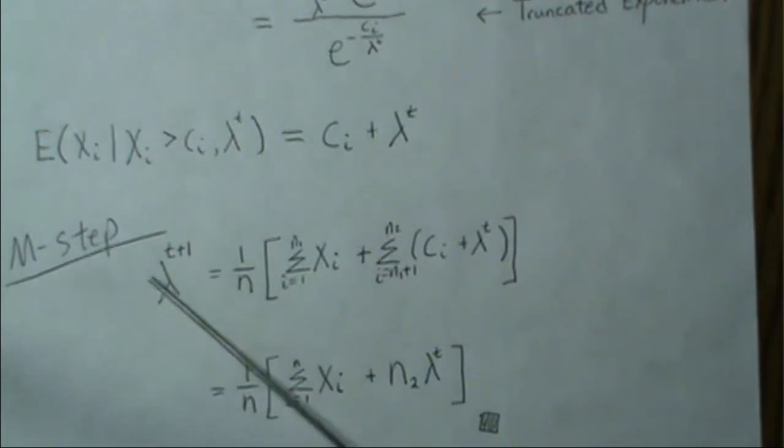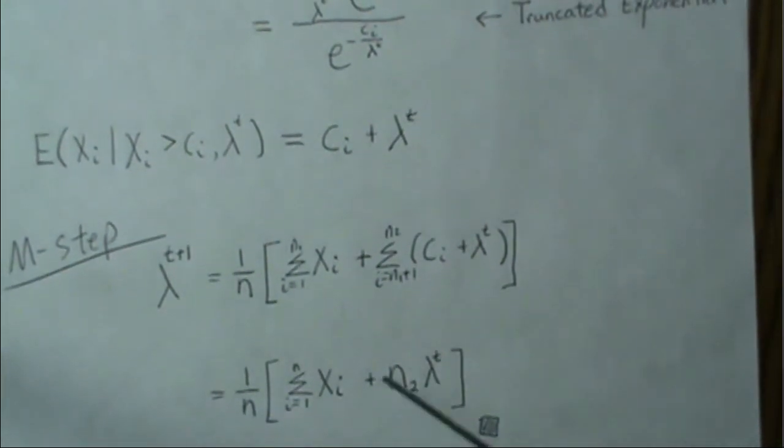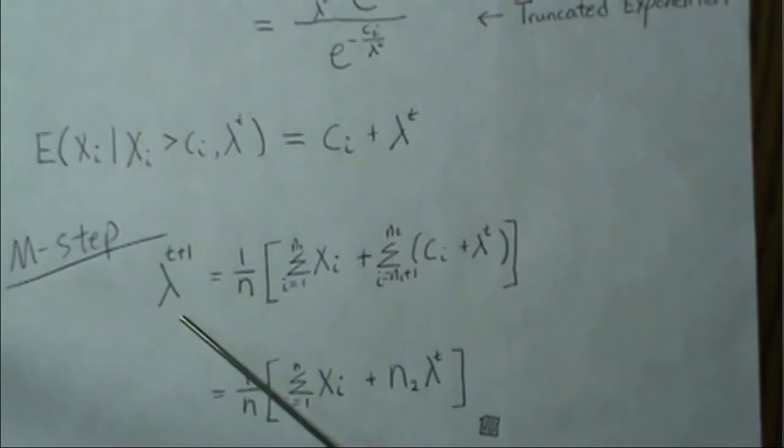Then we take this value, we put it back in the E step, recalculate, and get another lambda, and we keep doing this process until the lambdas converge.